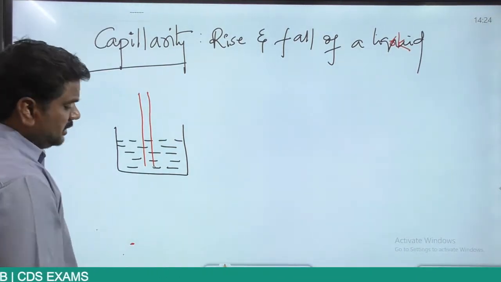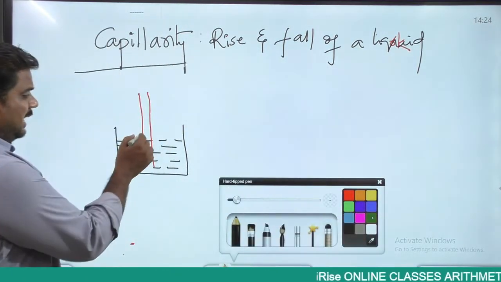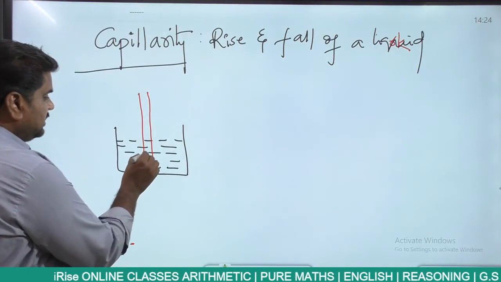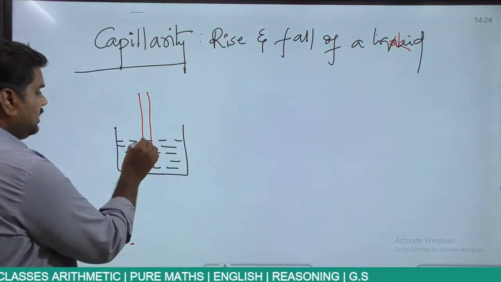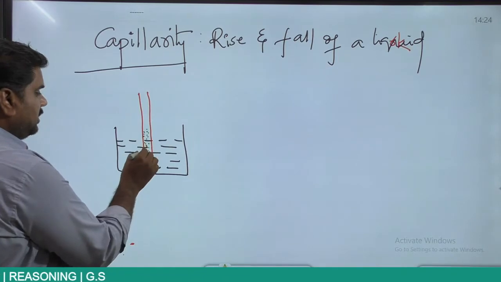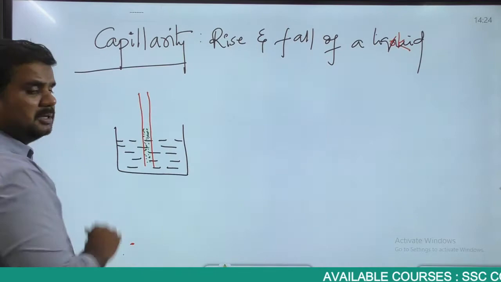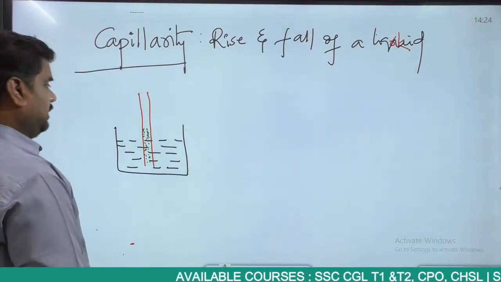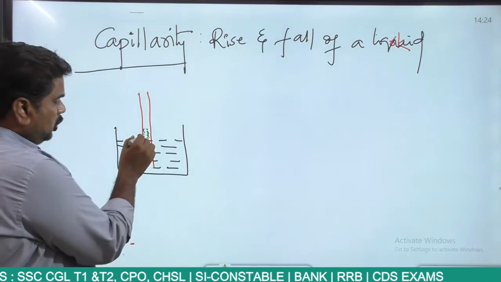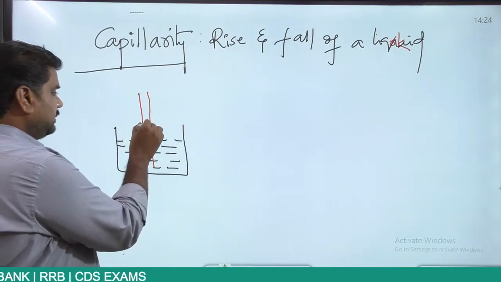So the moment you are placing a capillary tube in a beaker which is consisting of water, the water level present in the capillary tube starts slowly increasing. At the same time, the top surface of the liquid in the capillary tube will be something like this.